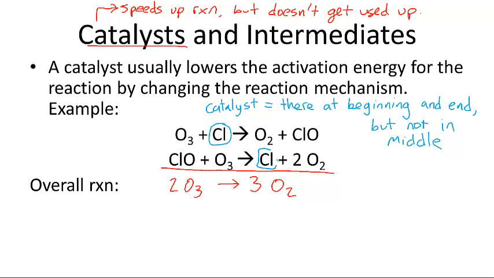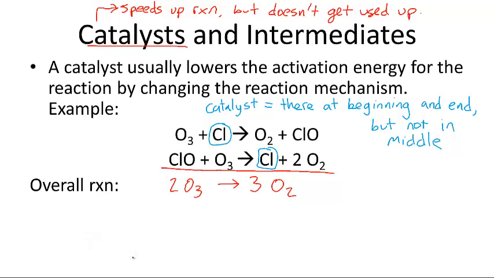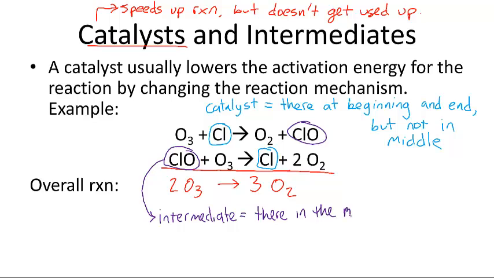So notice chlorine is there at the beginning, it's there at the end. But in the middle, it's bonded to an oxygen. ClO in this case would be an intermediate. An intermediate is there in the middle, but not the beginning or the end.